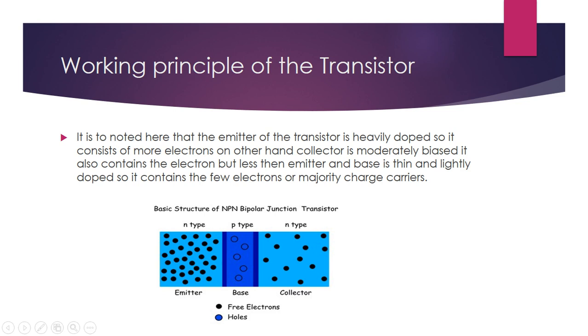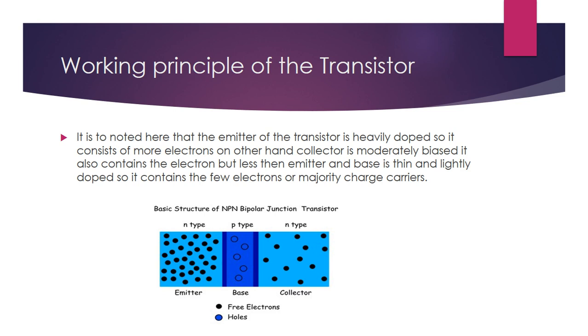Now, as we already discussed, the collector is reverse biased and has fewer charge carriers. On the other hand, the p-type material, which means the base, is thin or lightly doped.